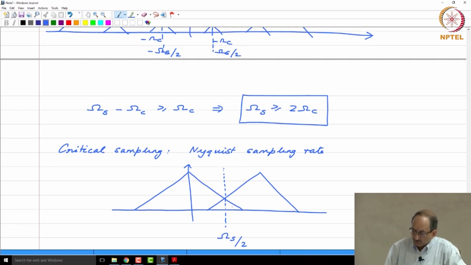And because of this, what is happening here is this portion folds over and appears as a low frequency. So, this is actually a higher frequency component in the signal originally. Because you undersampled, it appears as a lower frequency component in the undersampled signal. So, a high frequency component masquerading as a low frequency one is called aliasing, all right.